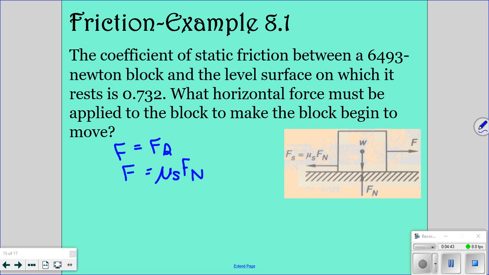Okay, so it tells us that the coefficient of static friction, that's our mu sub s, is 0.732. And it says that we have a block that is 6,493 newtons. And so that is our F sub n. So we're going to multiply those two together.